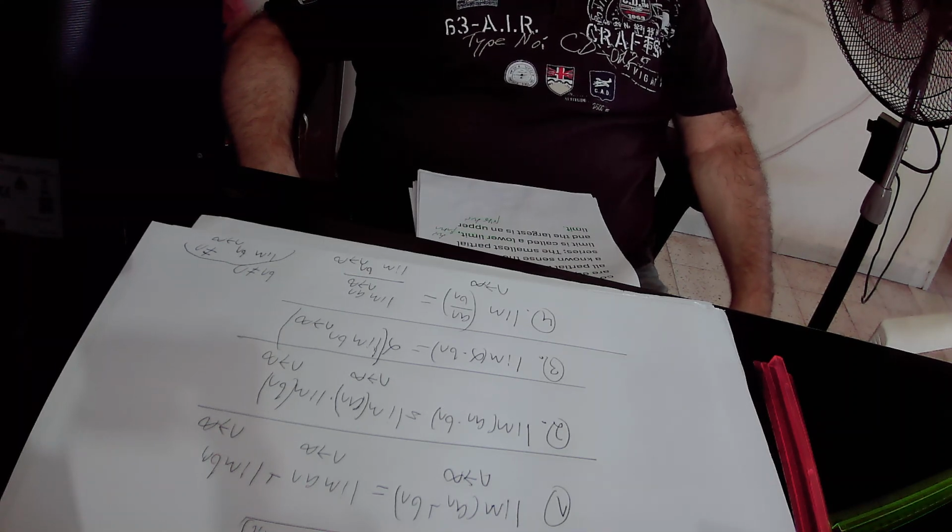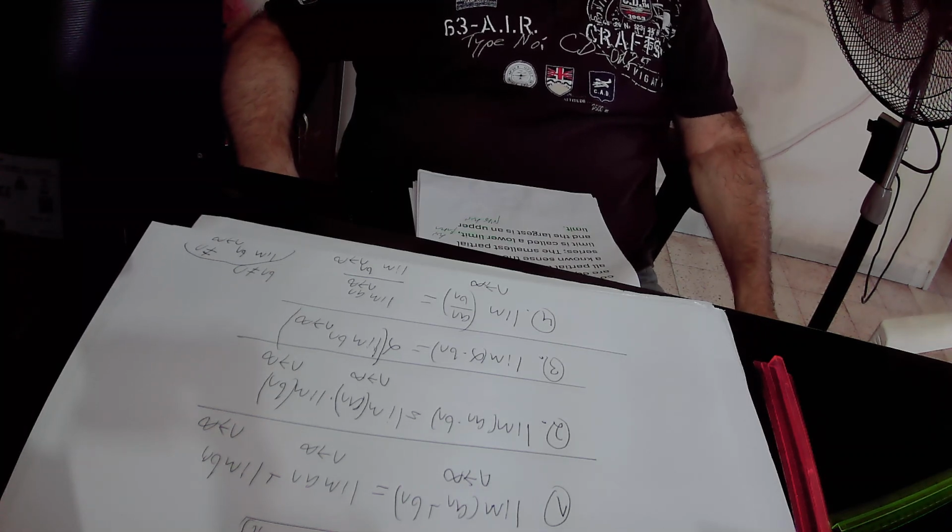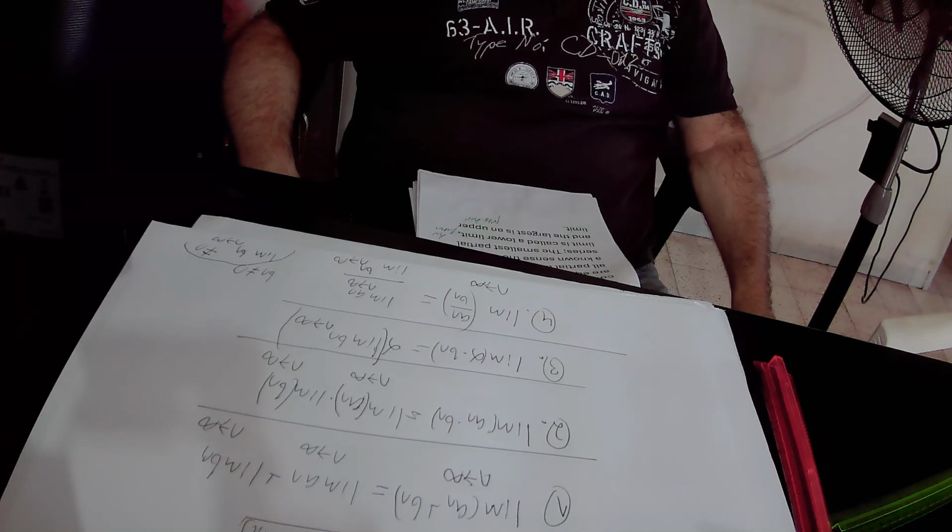And when a sequence converges, all of its partial limits are equal. Again, I repeat: when a sequence converges, all its partial limits are equal.